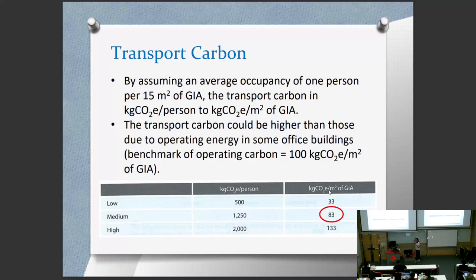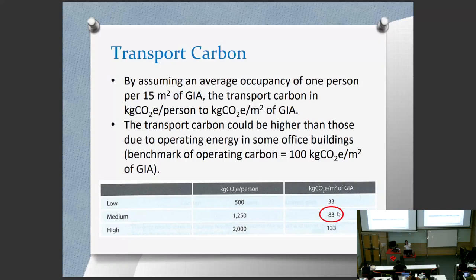So here, the author makes an assumption that the occupancy density is 15 square meter per person. And if the transport carbon, using the medium as the typical value, is converted into the same unit, kg carbon dioxide equivalent per square meter, then we have the embodied carbon, the operating carbon, and the transport carbon. So we can add them up together.